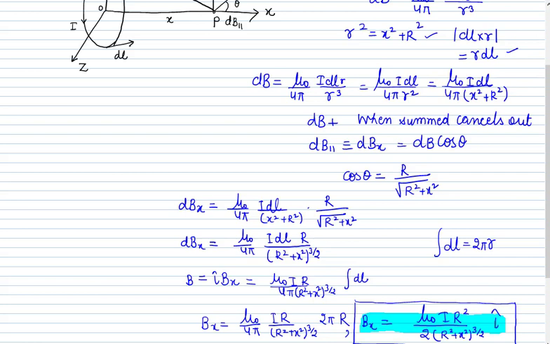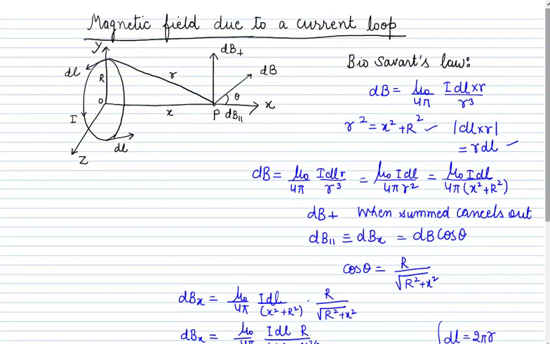And in a particular case, if you want to calculate the magnetic field at the center of this loop, so let us quickly go to the diagram we made. So this total magnetic field we have calculated at point P due to this circular loop.